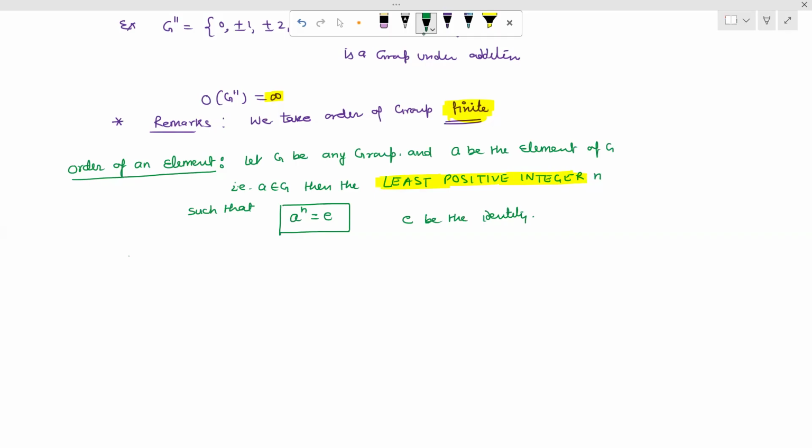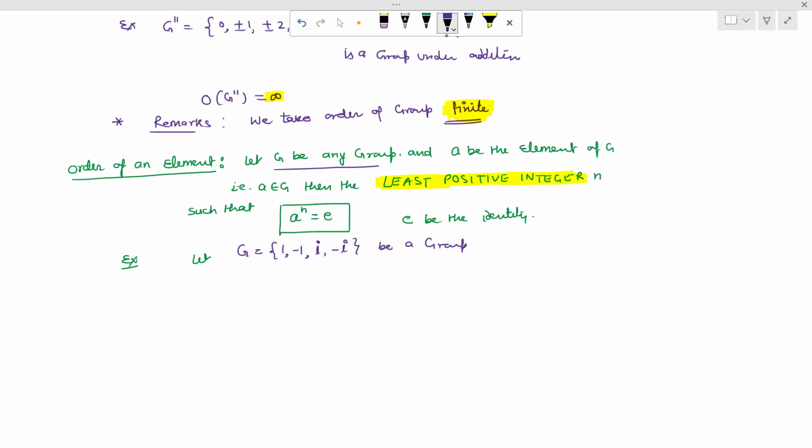Now, for example, how to understand the order of an element. Let G equal to 1, minus 1, iota, and minus iota be a group. First it is clear that G should be a group, and after that we calculate the order of an element.